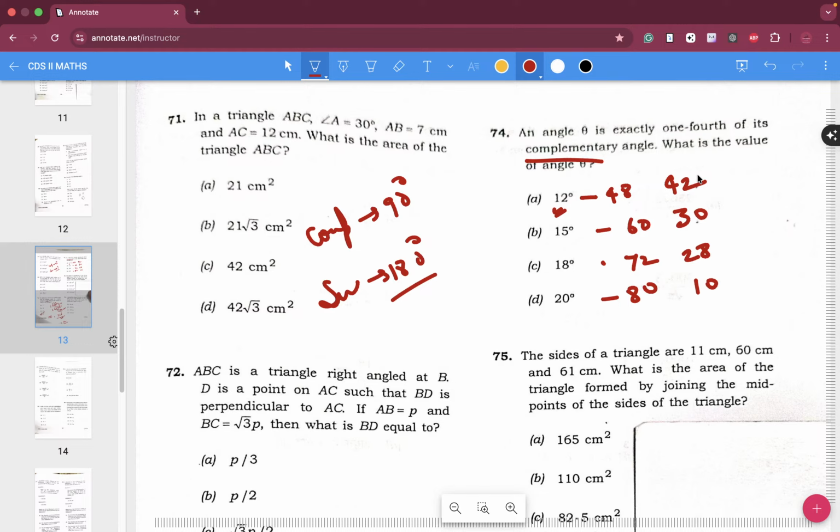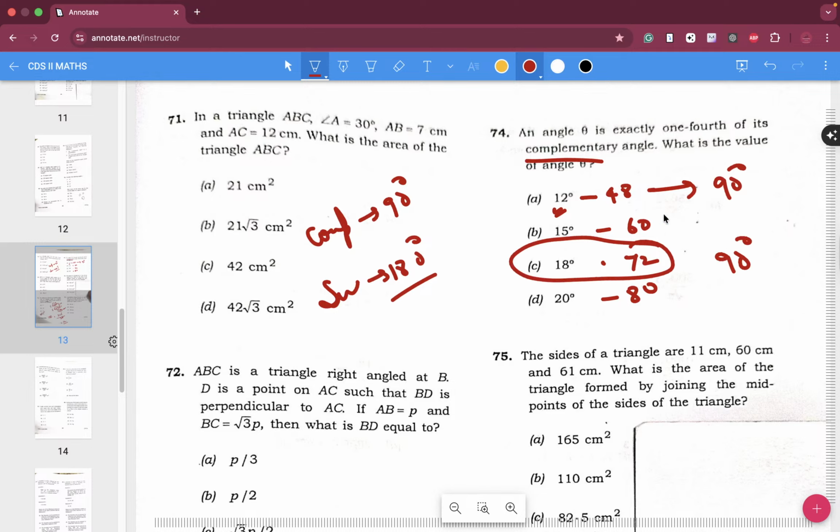So the complementary angle for 48, sorry, not this one, the summation of these two has to be 90. Only in this case the summation is 90. 72, C is the correct answer, folks.